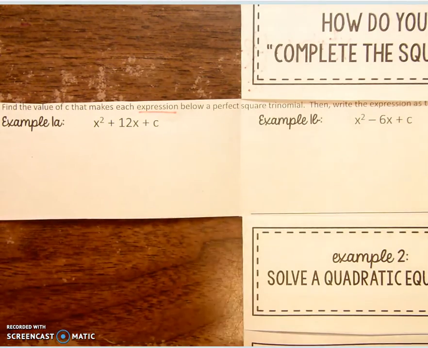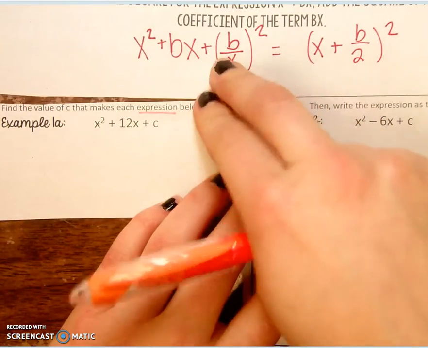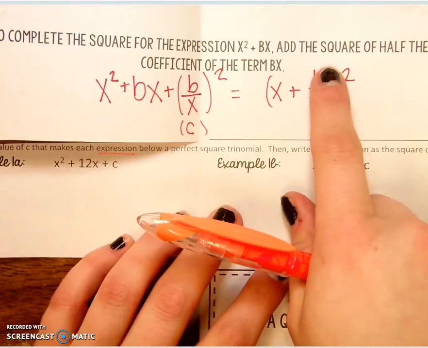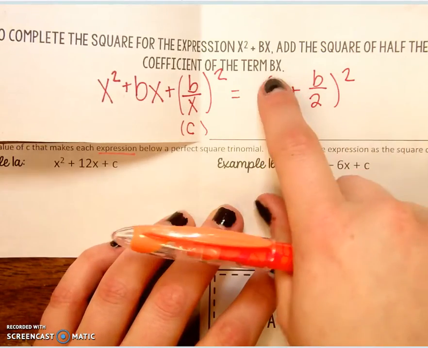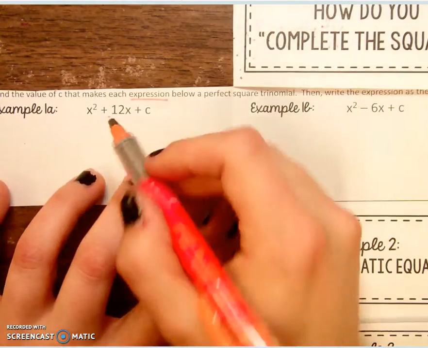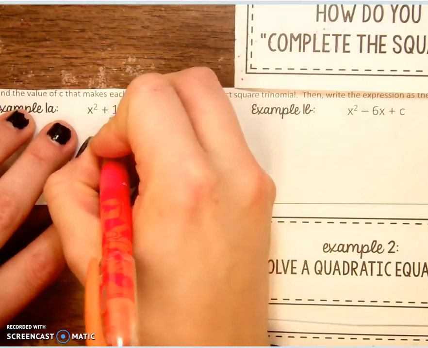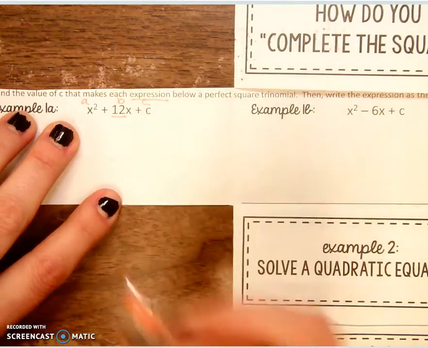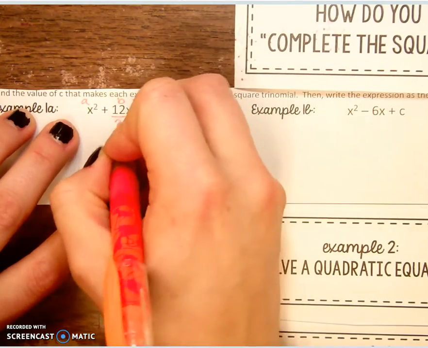I need to find that. So as we said in the first tab, we're going to add the square of half of the coefficient b. This is b, so there's a, b, and c. I need half of b, so b divided by 2.